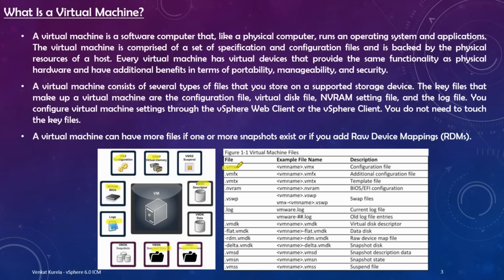Whatever configuration you give to the virtual machine, let's say 2 GB RAM, 1 CPU, 1 network interface card, 20 GB hard disk, 2012 operating system, all that configuration will fit into a text file called VMX, a virtual machine configuration file.